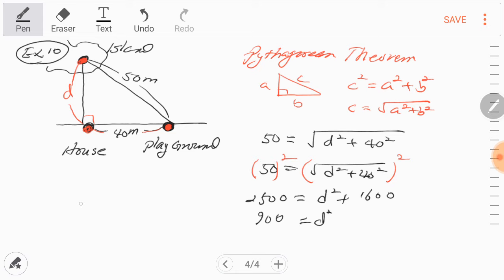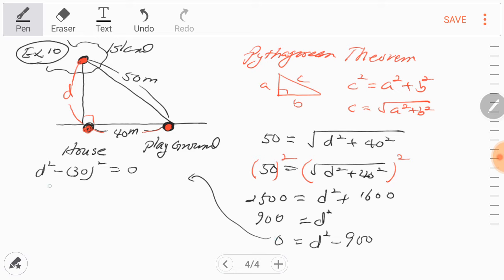We have a formula, but let's use difference of squares first. So 0 is equal to d squared minus 900, and from here, d squared minus 30 squared is equal to 0. Interchange the sides.